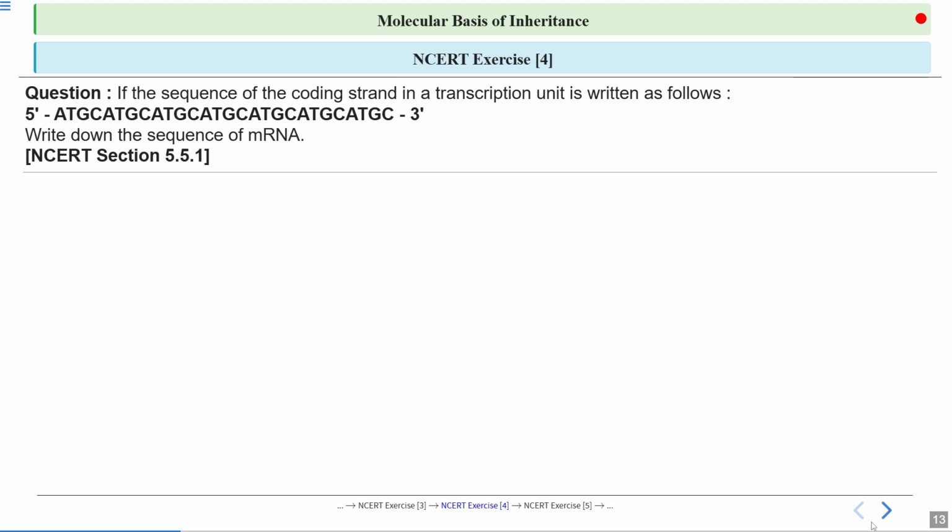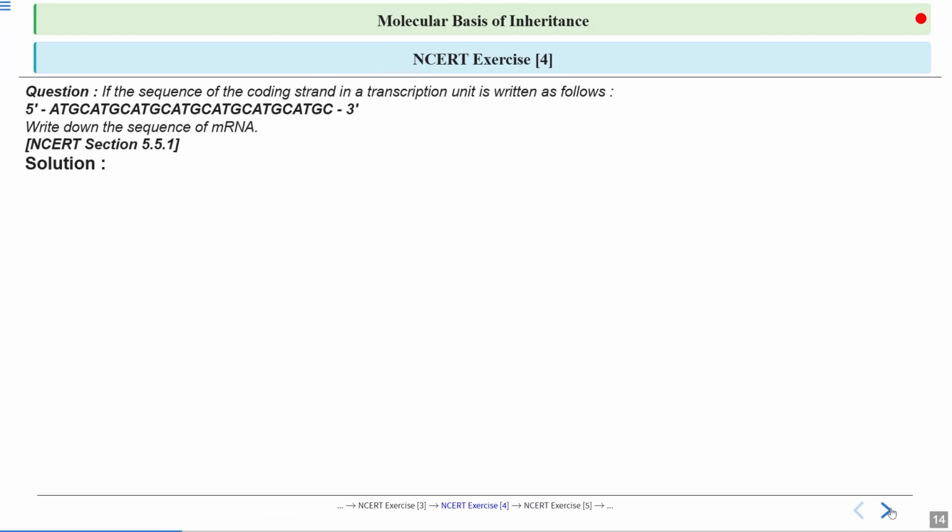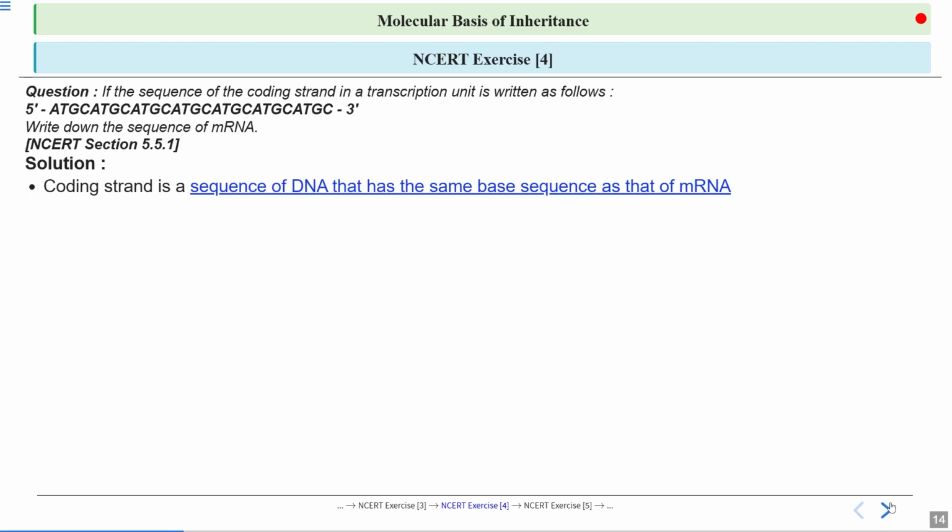So what's the trick here? Not a trick, but we know that the coding strand is the sequence of the DNA that has the same base sequence as that of mRNA. In the transcription unit, this coding strand is not going to be transcribed, irrespective of the fact that it is named the coding strand. The strand which is going to transcribe into mRNA is the template strand.